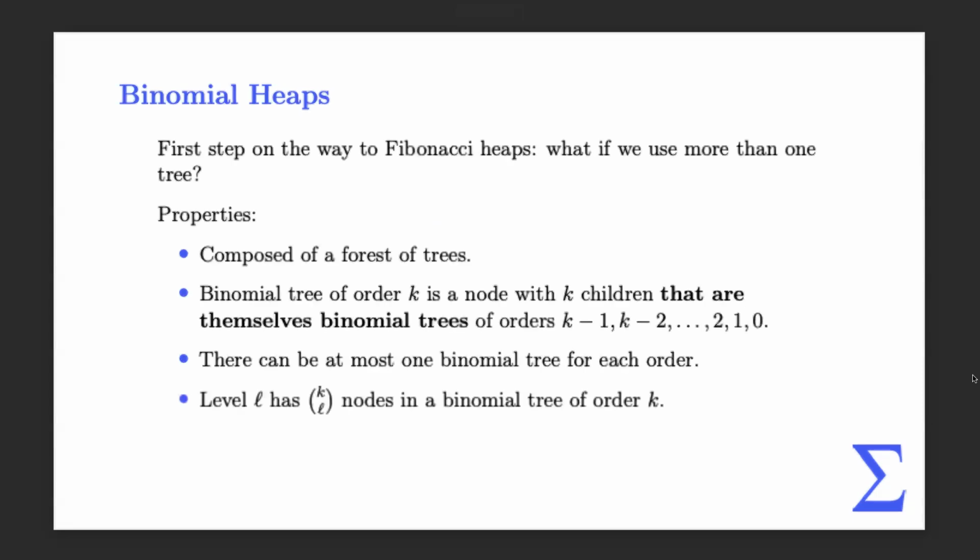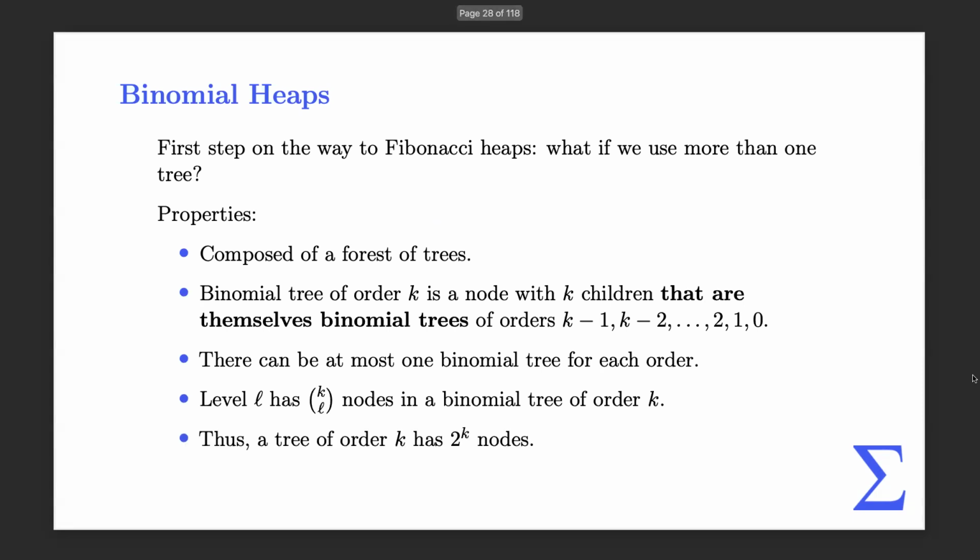But then these are properties. Given this construction of trees, each level L in a tree of order k has k choose L nodes. That's why it's called a binomial tree, because this is the binomial coefficient. You can get this if you draw out Pascal's triangle.